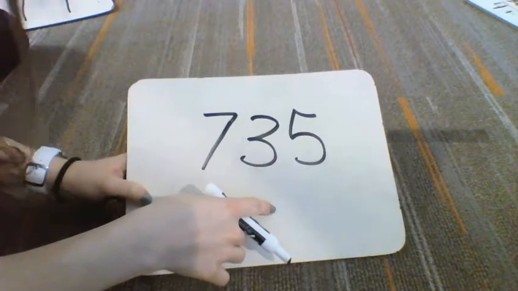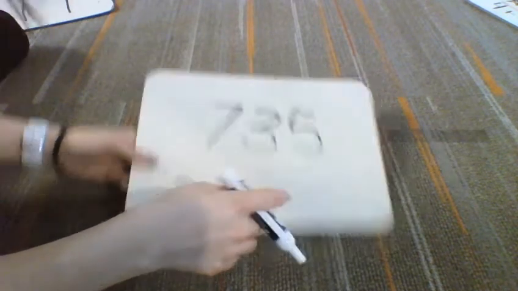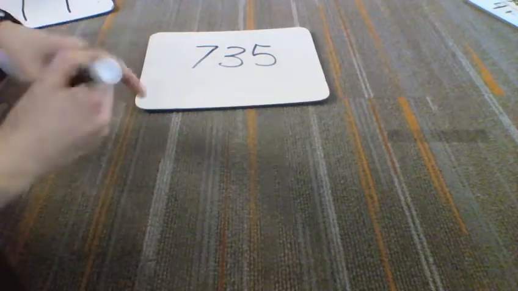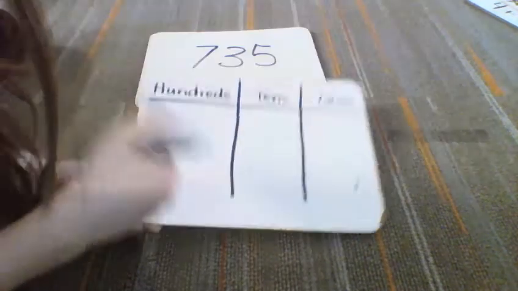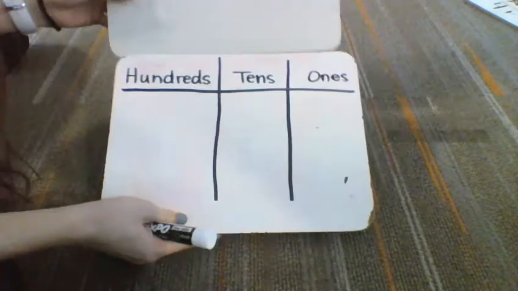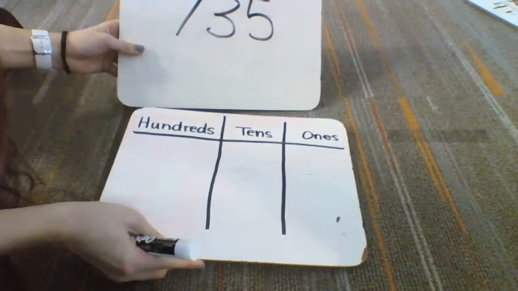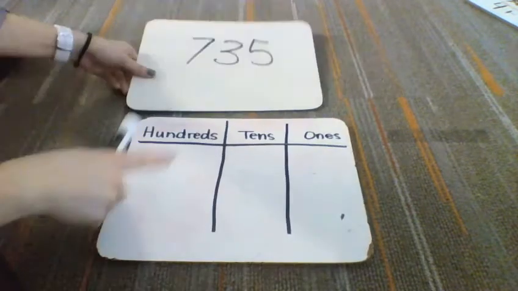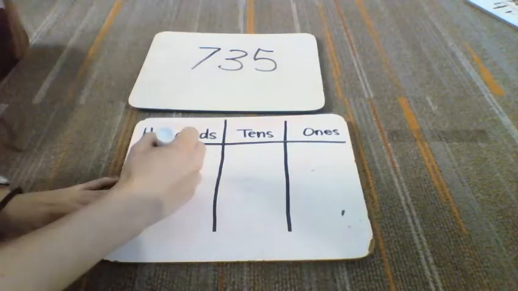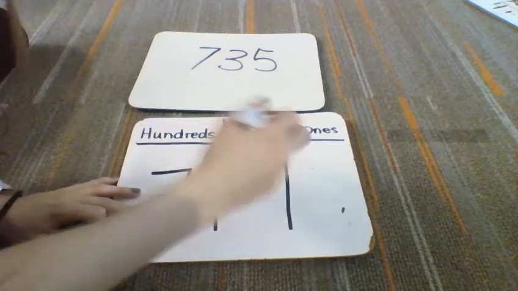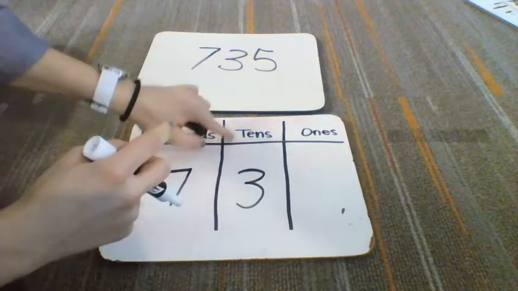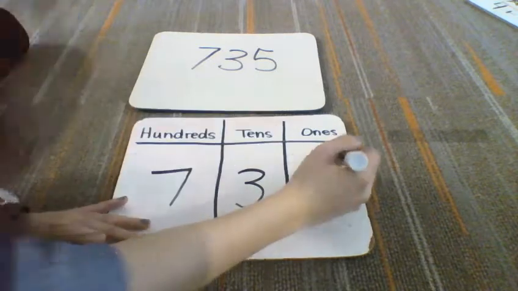So we need to figure out how we would write it in word form. We're going to use this chart again to help us. A 7 would go under the hundreds, the 3 would go under the tens place value, and the 5 would go under the ones place value.